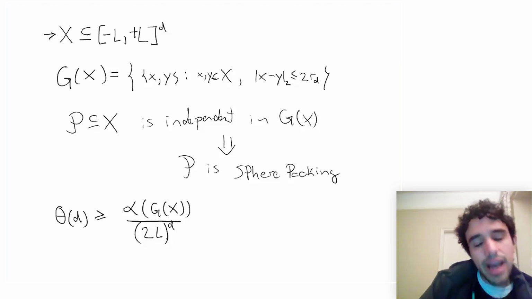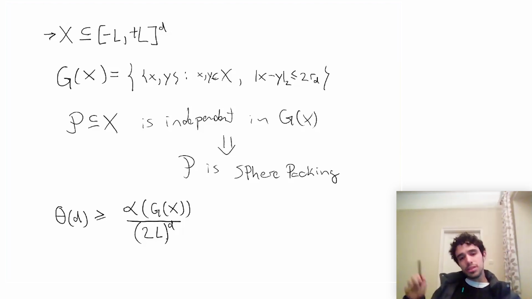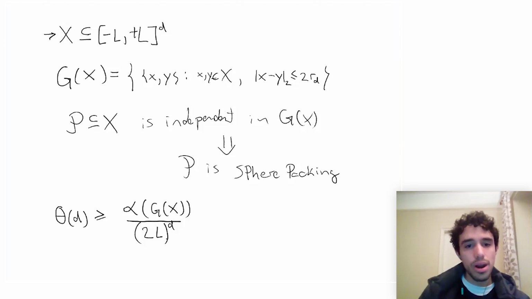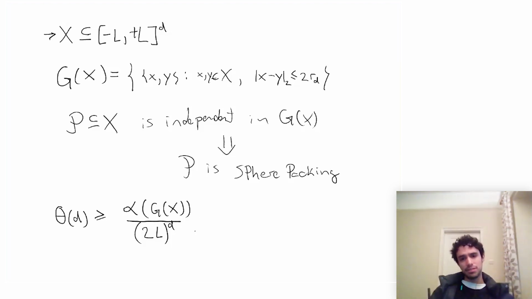There are two steps. First, you need to find your finite set X. And second, you need to find a very good lower bound for the independence number of your graph G_X. If we can find this set X and a good lower bound, then we'll be happy.